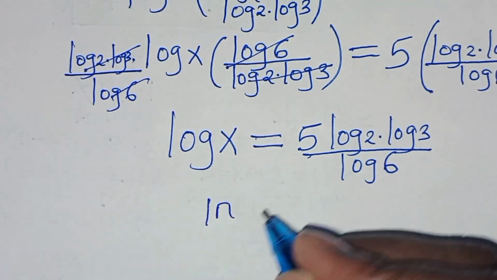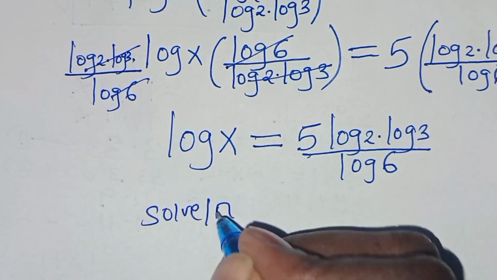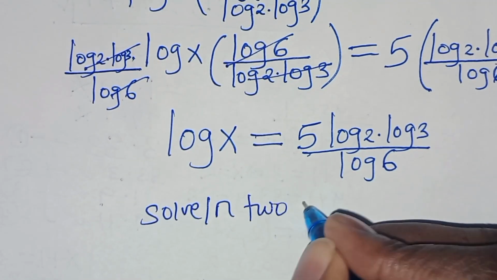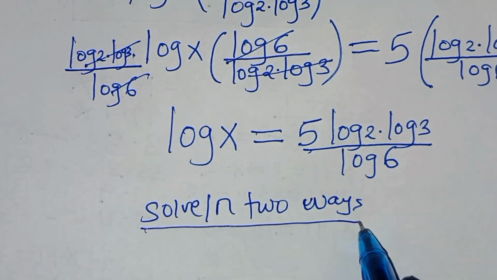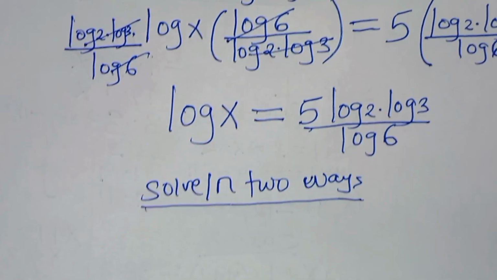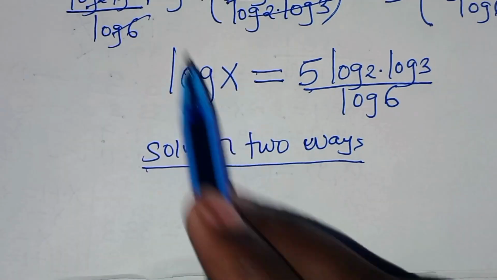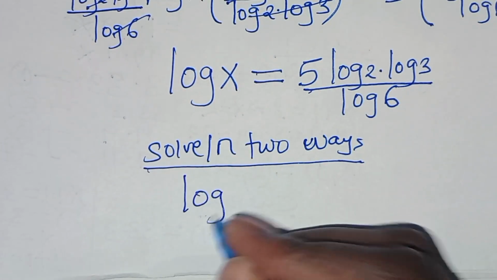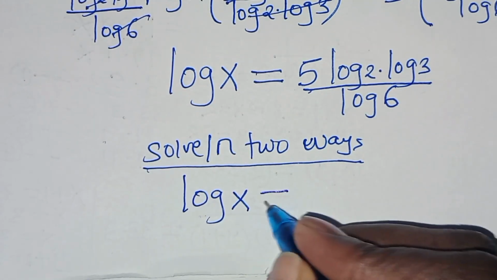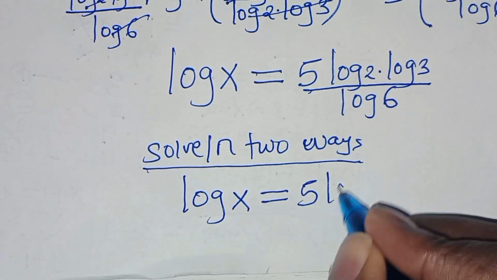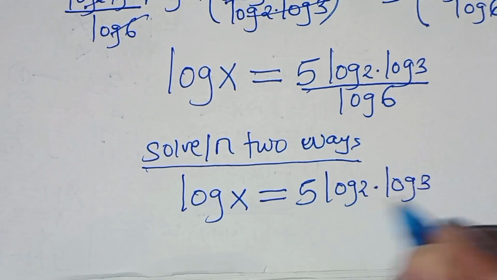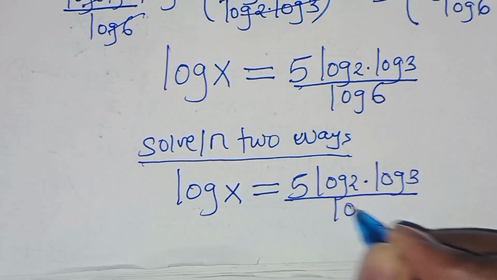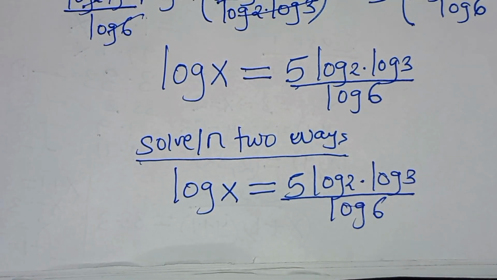Now, the next step from here, you find that we can solve this for the value of x in two ways. So let's start with the first way. Now we have that log x is equal to 5 log 2 multiplied by log 3 divided by log 6.